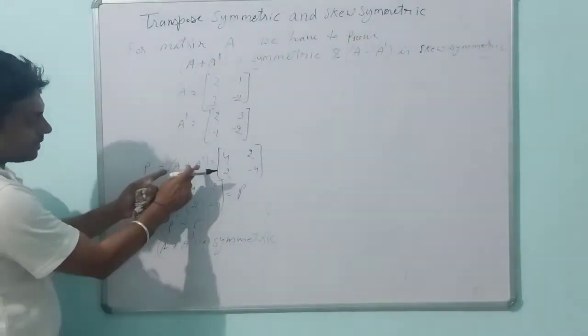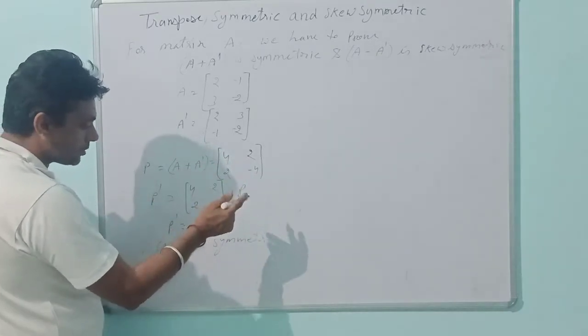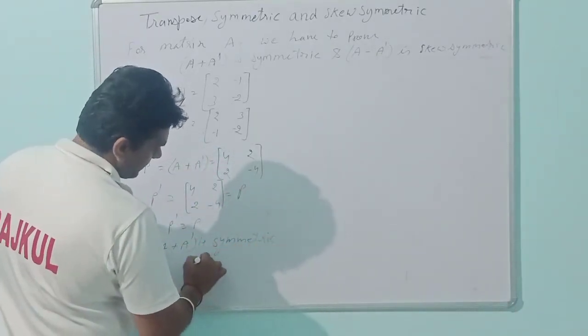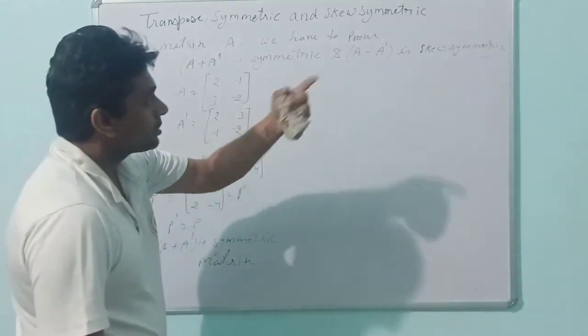Then A plus A transpose is a symmetric matrix. Now skew symmetry.